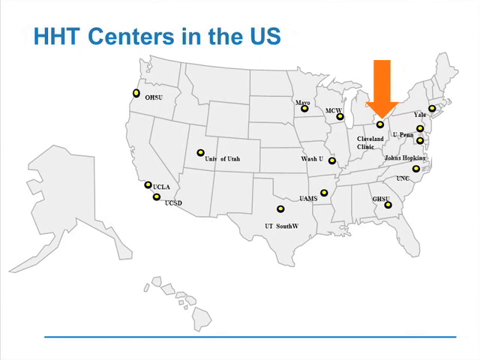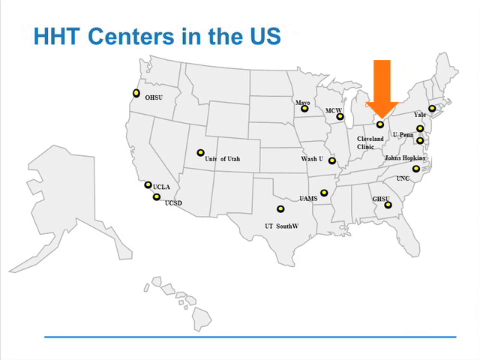So, like I had said, there is a greater awareness for this disease, and currently there are 15 HHT centers throughout the U.S. This is us over here, and one of the first centers was here at Yale.